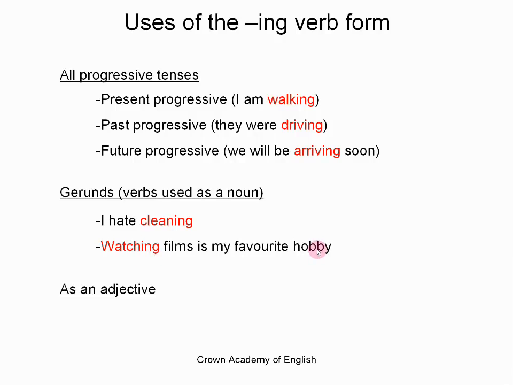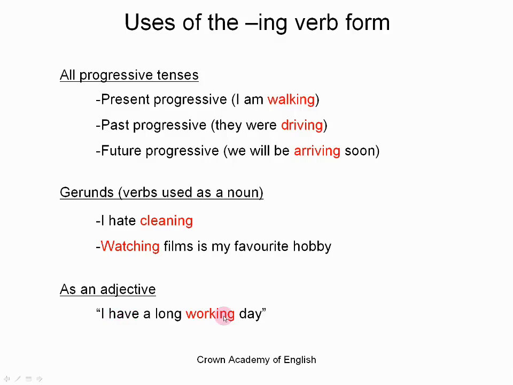Another example of using the ing verbs is that sometimes we use them as an adjective. So what is an adjective? An adjective is a word that describes a noun. For example, I have a long working day.